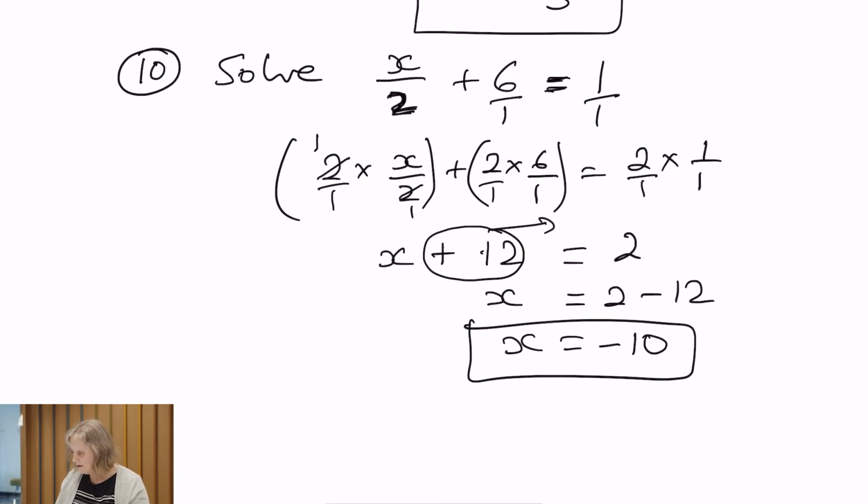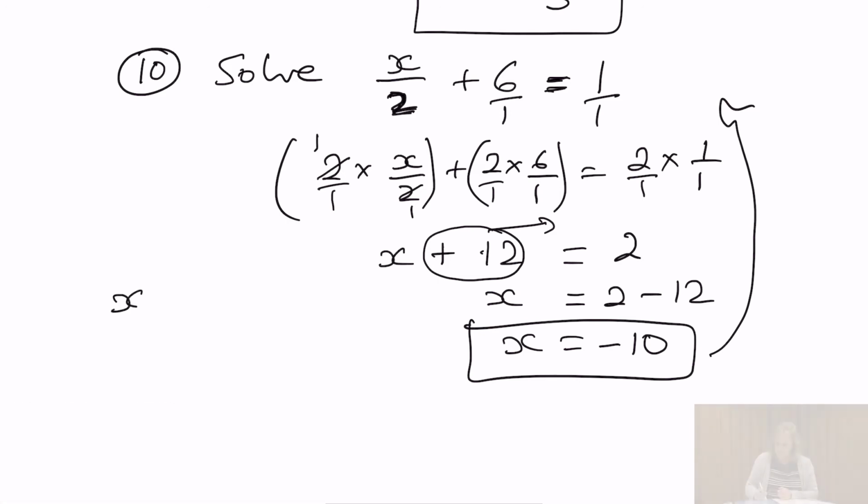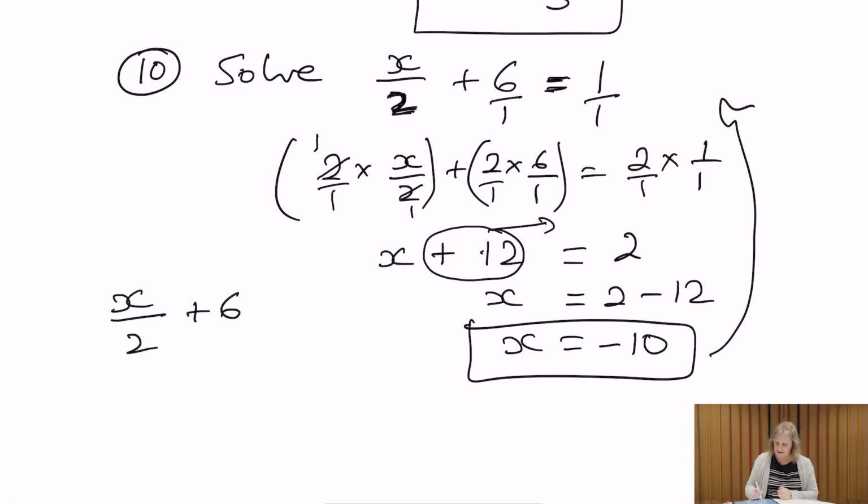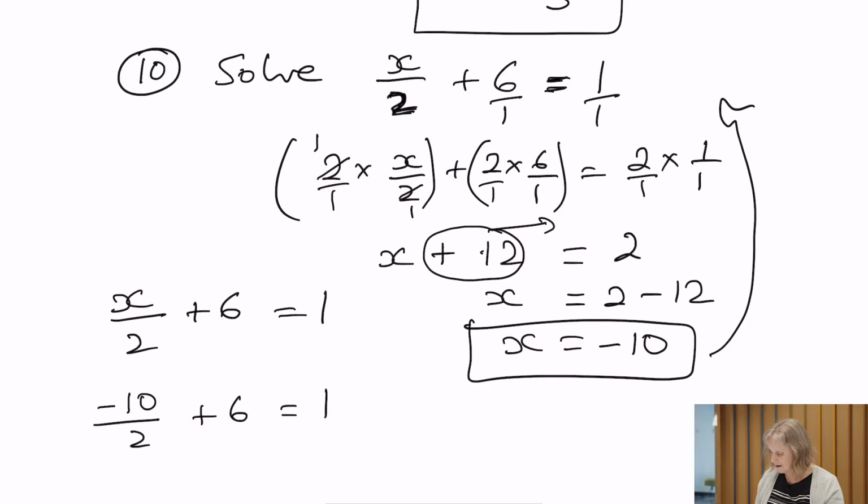Okay, and again, you can plug this back in, and this is a little bit easier for us to do. We've got x over 2 plus 6 is equal to 1 from our original question. If we plug that back in, x is negative 10 over 2 plus 6 is equal to 1. We simplify this. Negative 10 over 2 is going to give us negative 5 plus 6, and it balances to 1.